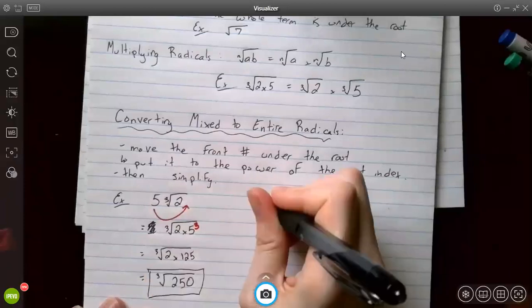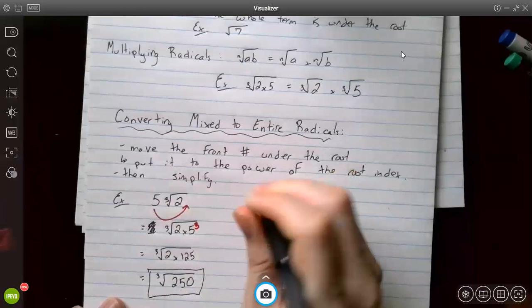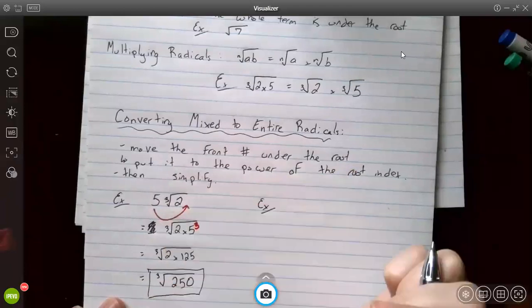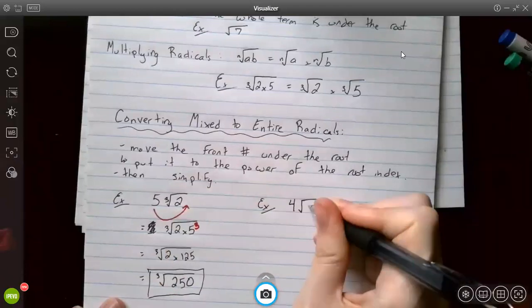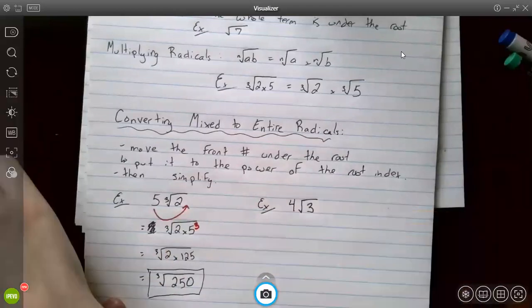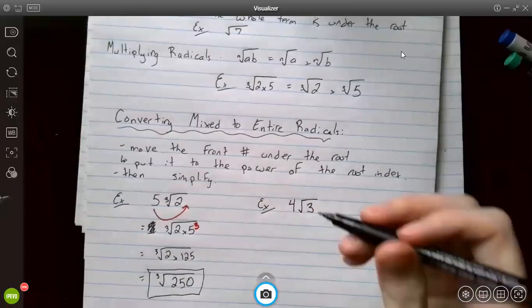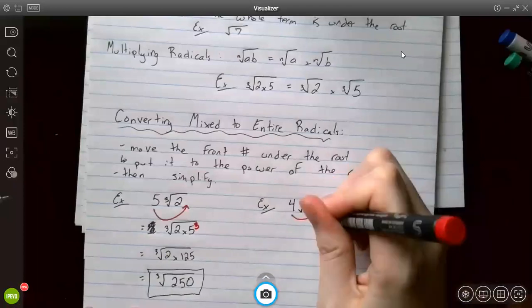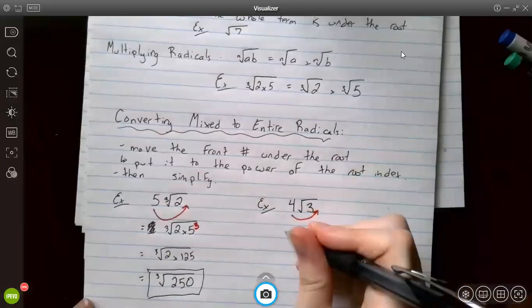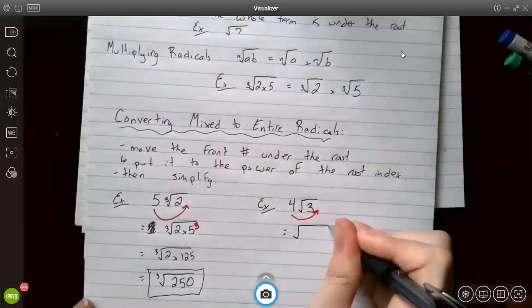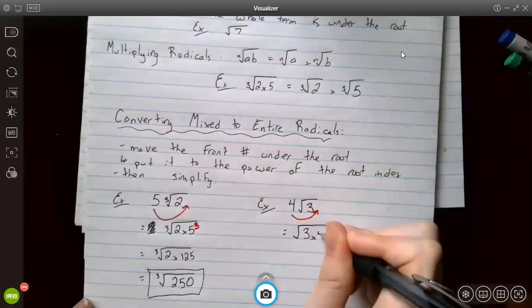Okay, it works the same way if it's something other than a cubed root. So for instance, I might have 4 times the square root of 3. Once again, I'm going to start by moving this 4 underneath the root sign, which will leave me with the square root of 3 times 4.